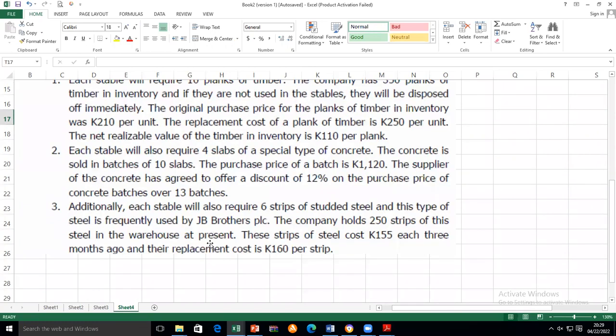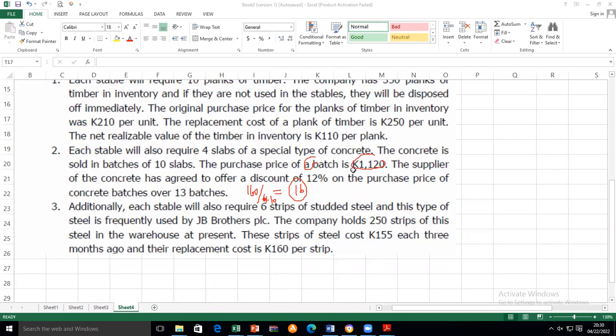We need 160, and these are sold in batches of 10. You divide, and what do you get? 16 batches.